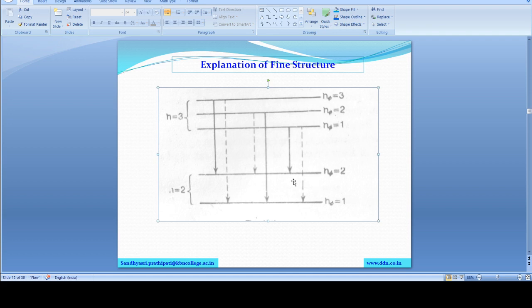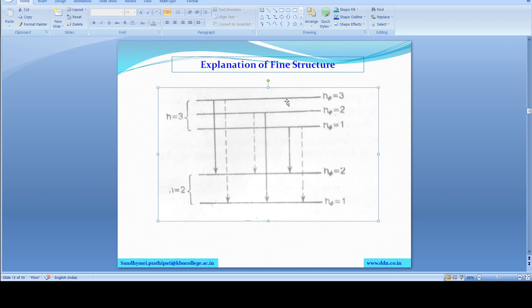So what may be the next one? n phi is equal to 1, nr is equal to 1. n phi is equal to 2, nr is equal to 0. So in n equal to 2, with n phi equal to 1, one suborbit. With n phi equal to 2, one more suborbit. So in n equal to 2, there are 2 suborbits. For n equal to 3, n phi equal to 1, one suborbit. With n phi equal to 2, one more suborbit.